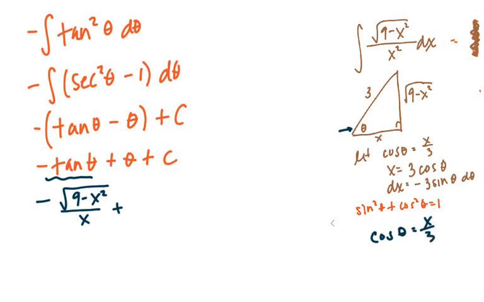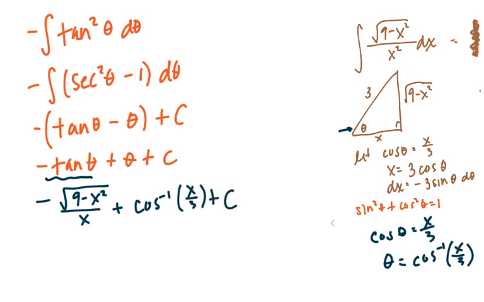And we need to solve for theta. So we take the inverse cosine of both sides. So theta is inverse cosine of x over 3. That means what angle has a cosine of x over 3? So we say plus inverse cosine of x over 3 plus c. And that's your answer.